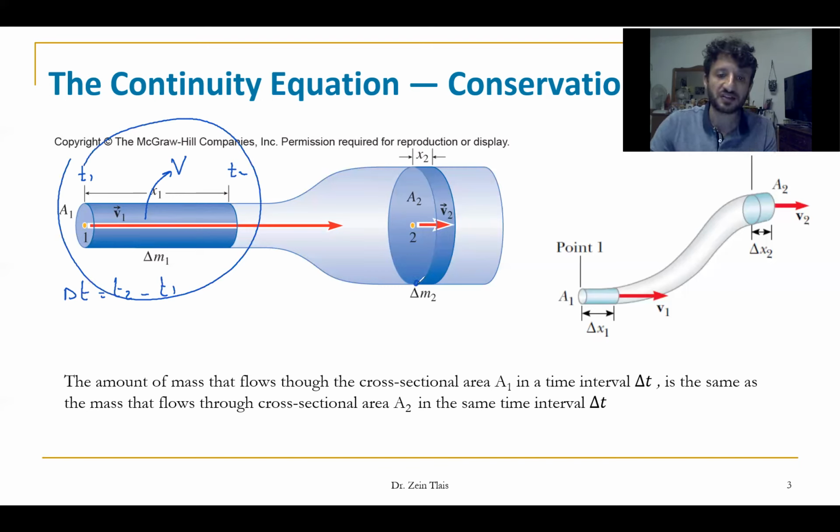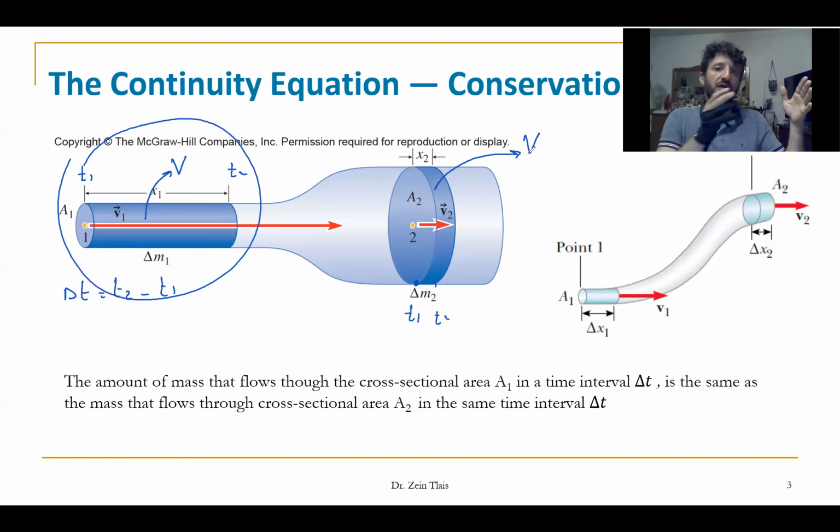We can say the initial point here, T1, the same T1 here, and T2, the same T2. We have the same time interval. So we have the same volume V flowing in at this side, because you know we have an incompressible liquid.